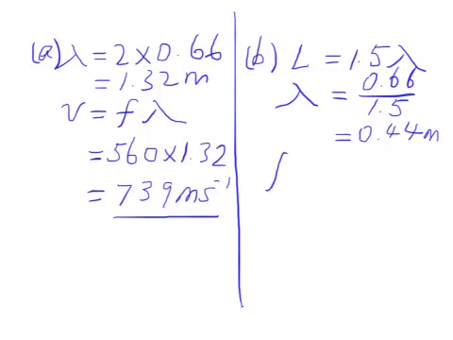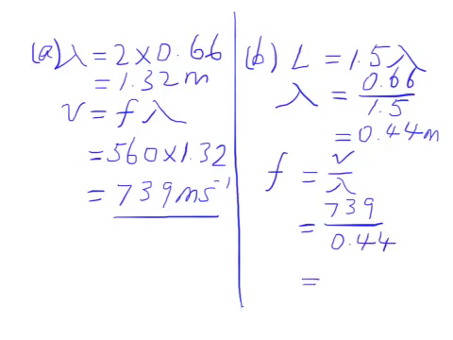And the frequency can be worked out by using this formula: speed over wavelength. Speed from question A is 739 divided by wavelength 0.44, and the answer is 1680 Hertz.